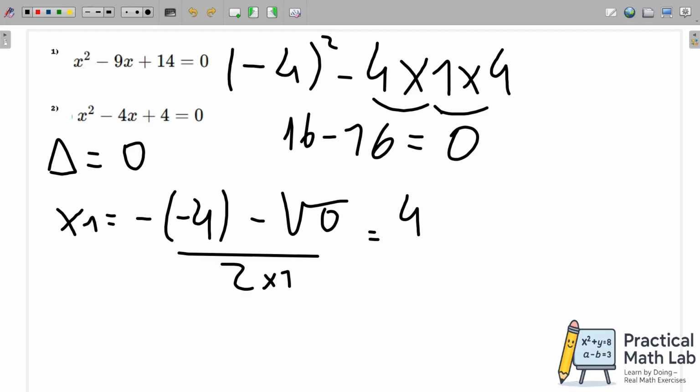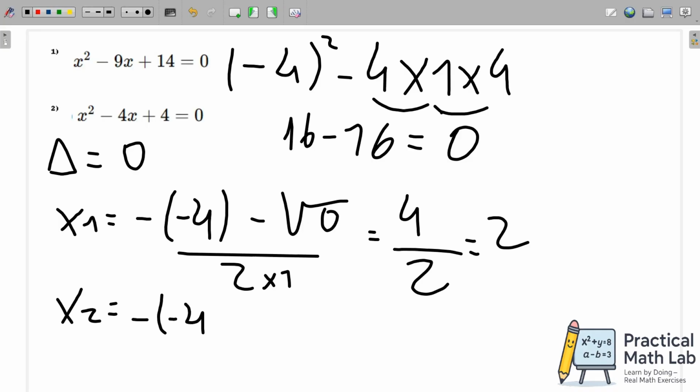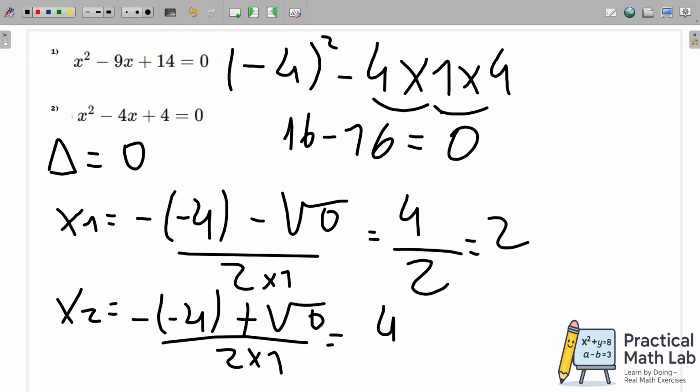The square root of 0 doesn't count, so it's 4 over 2. 2 times 1, 2. 4 divided by 2 equals 2, so x1 equals 2. Now x2: minus minus 4 plus the square root of 0 over 2 times 1, which equals 4 over 2, which equals 2.